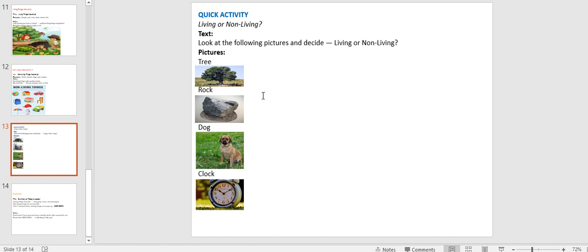Next picture is a dog. I'll give you another 10 seconds so that you can tell me whether it's a living or a non-living thing.